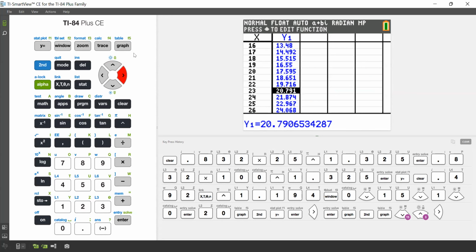So is it 20.790607? I'm going to write that down. 20.7907. Because I don't know what I'm going to round it off to yet. Did they tell me what my round off is going to be? 3 decimal places. So it's going to be 20.791.